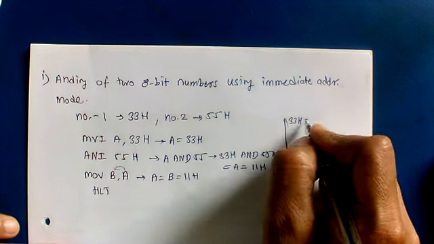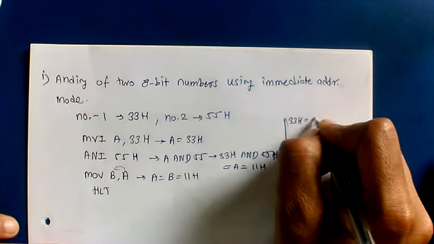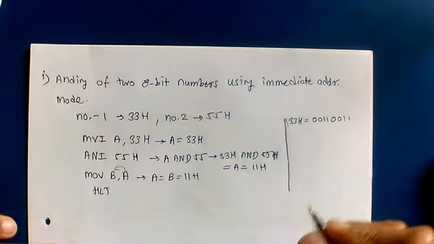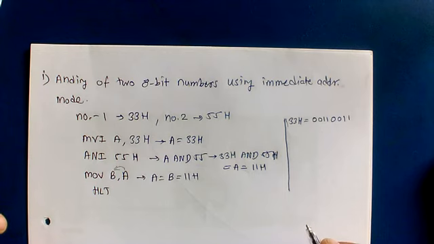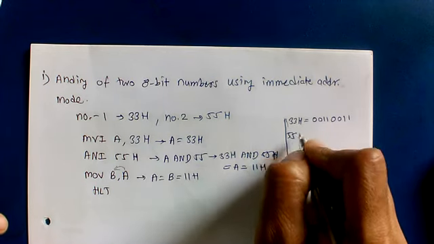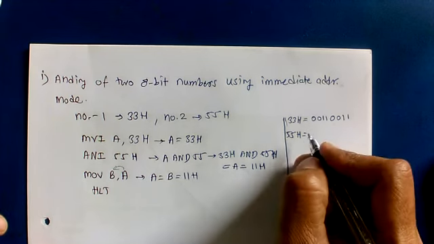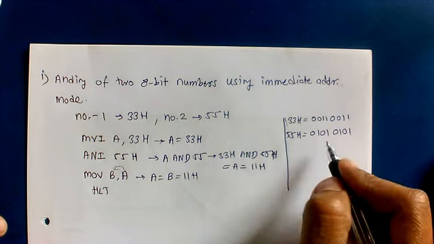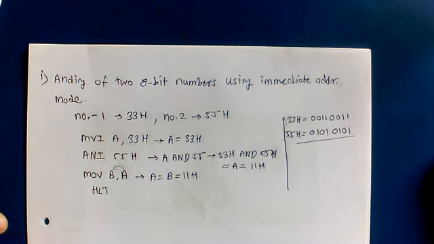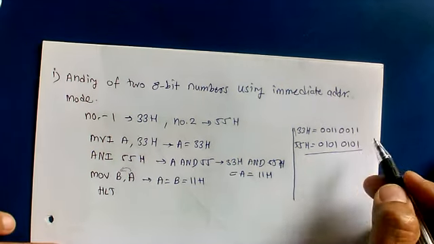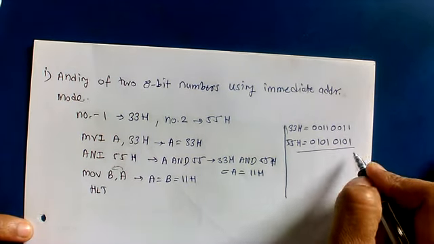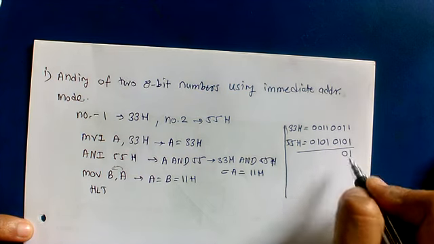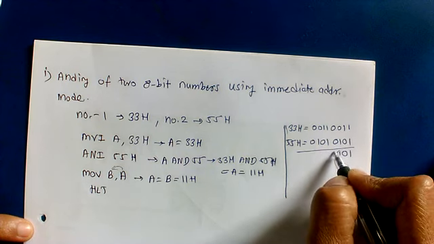33 hex I will write in binary: 0011 means 3, 0011 again 3, that is 33. In the same way 55 hex in binary is 0101, again 0101, and do the bitwise ANDing operation. 1 ANDed with 1 you will get 1, 1 ANDed with 0 you will get 0, 0 ANDed with 1 gives 0.